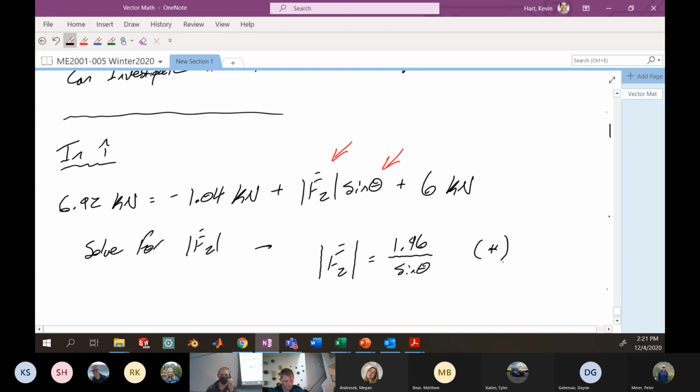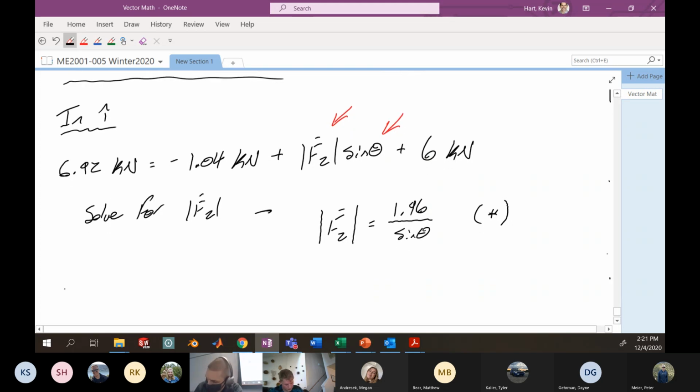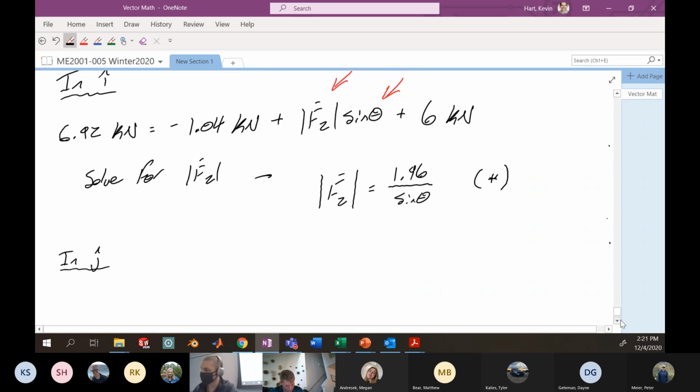So we've investigated what's happening in the I direction here. We can also investigate what's happening in the J direction, or the Y direction. So we'll do a similar thing for what's going on in the Y direction. My contribution is 4 kilonewtons on the left-hand side.